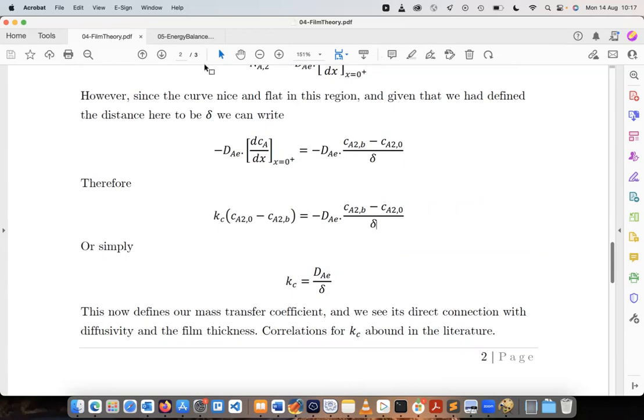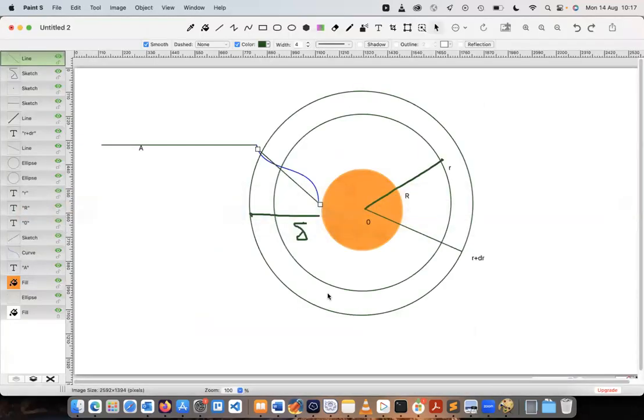Okay, so we are defining this delta to be the position where our concentration becomes 99% of the bulk concentration. So let's draw this a bit differently.